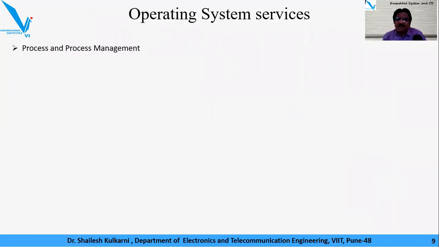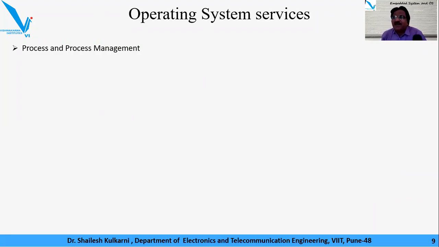Now let's see the operating system services. As I referred to last time, I asked you to refer to the article or blog on the internet titled 10 Things You Should Know About Operating Systems. These 10 things are nothing but the services and the way in which they are to be known to us.